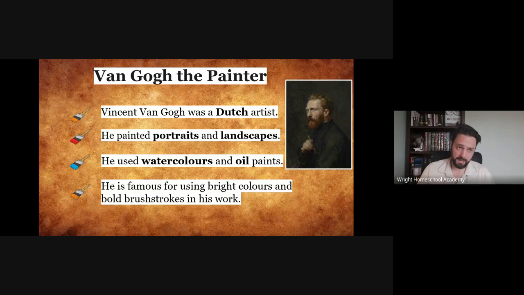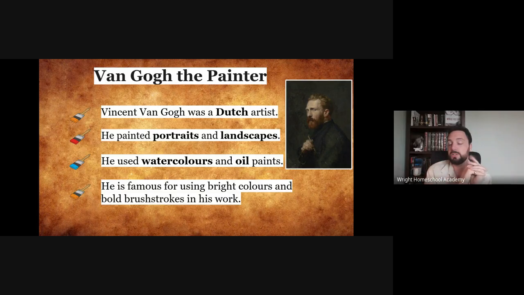What we mean when we say bold brushstrokes is when you compare Vincent van Gogh's work to some of his contemporaries, that is, people who were active and painting at the same time as him. If we're talking about the Impressionists or those who came before, they often were more interested in having very small, precise, teeny tiny little brushstrokes where they tried to encapsulate very sharp details.